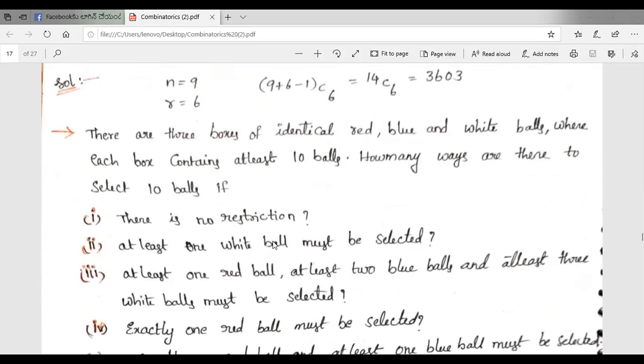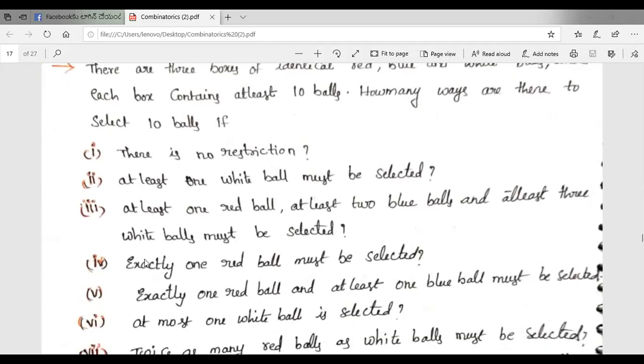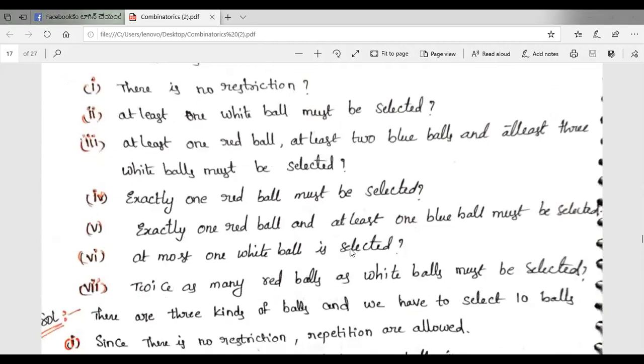Second, at least one white ball must be selected. Third, at least one red ball, at least 2 blue balls and at least 3 white balls must be selected. Fourth, exactly one red ball must be selected. Fifth, exactly one red ball and at least one blue ball must be selected. Sixth, at most one white ball is selected. Seventh, twice as many red balls as white balls must be selected.